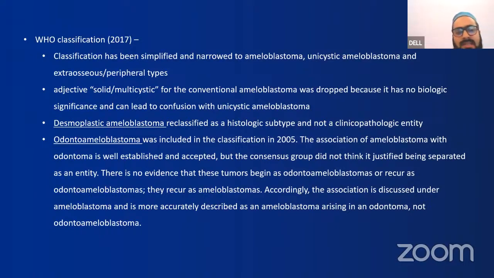As we know, the association between odontome and ameloblastoma is well established, but it was not thought to be included as an entity by the consensus group, because odontoameloblastomas, if they recur, recur as ameloblastomas, not as odontoameloblastomas. Now they have been classified as ameloblastoma arising in an odontome.